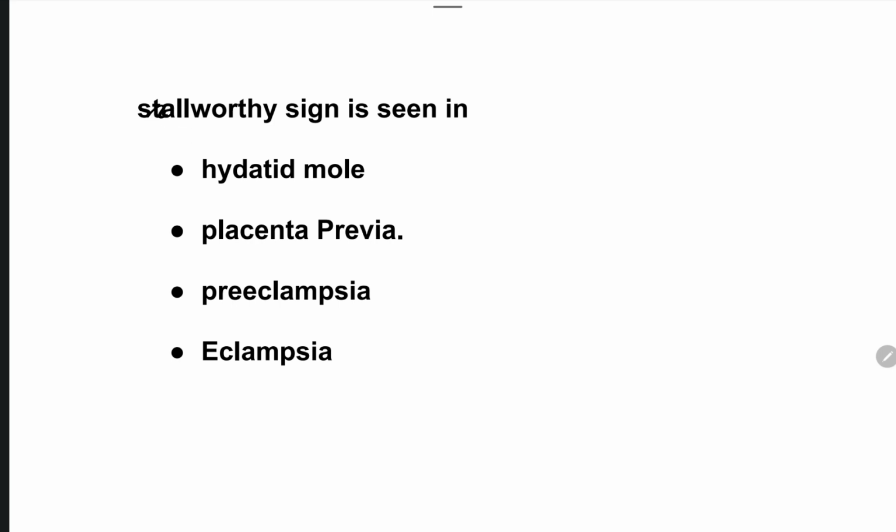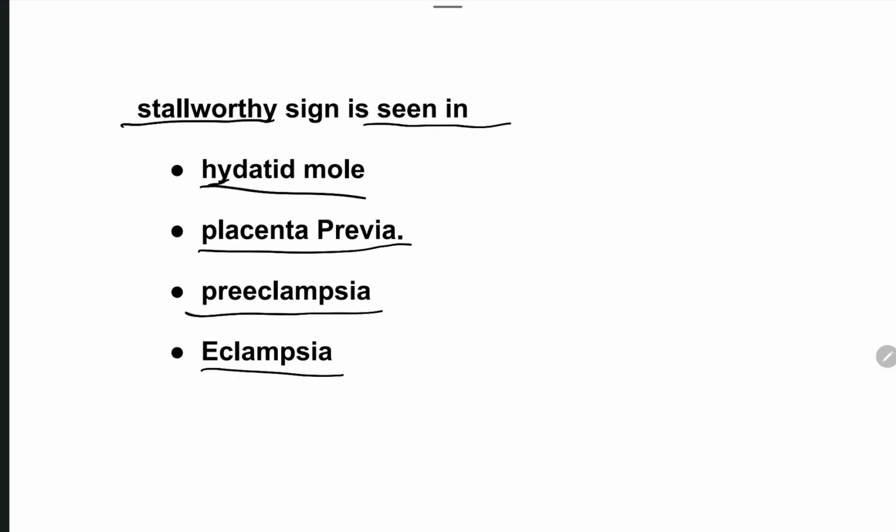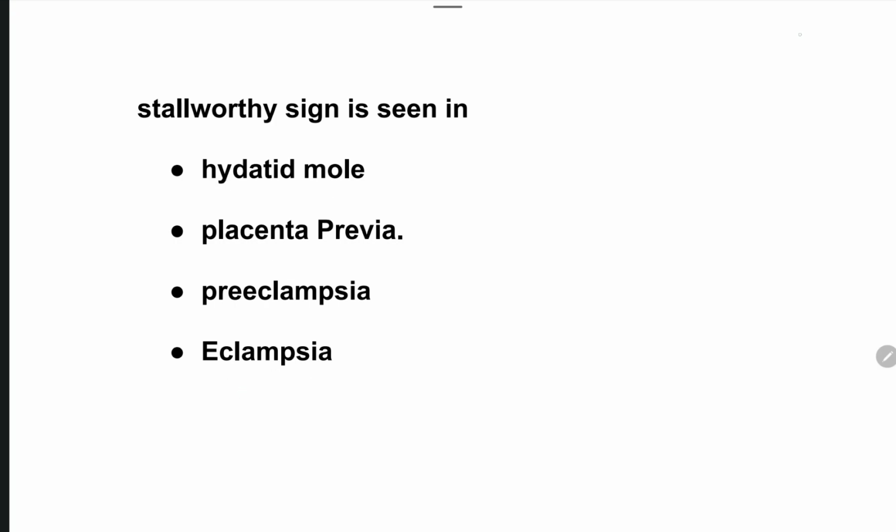The next one: Stallworthy sign is seen in. Options are hydatidiform mole, placenta previa, preeclampsia and eclampsia. The right one is option B, placenta previa.